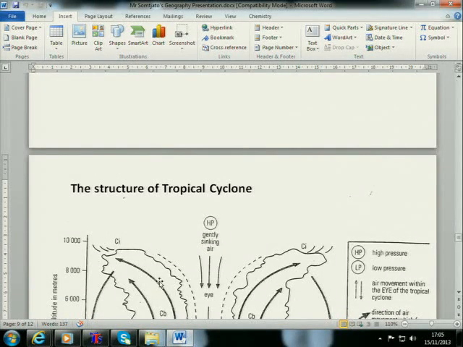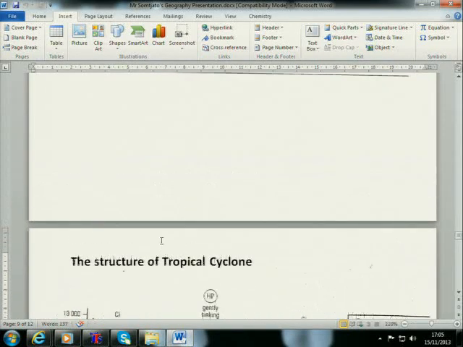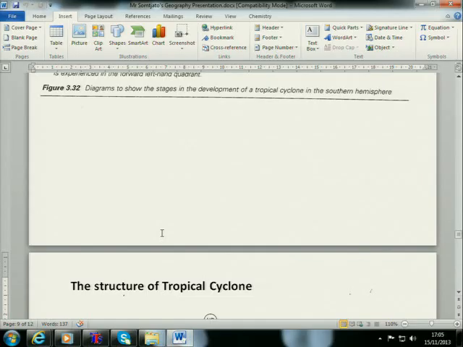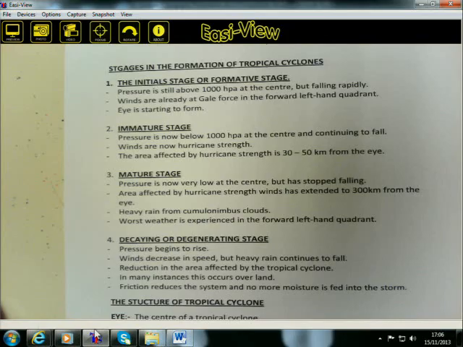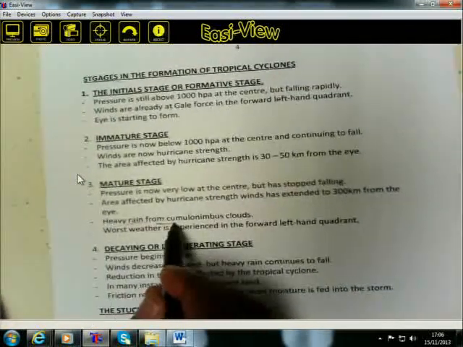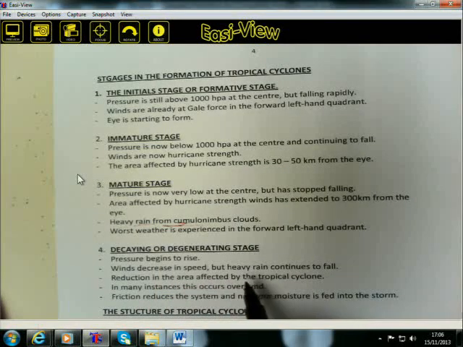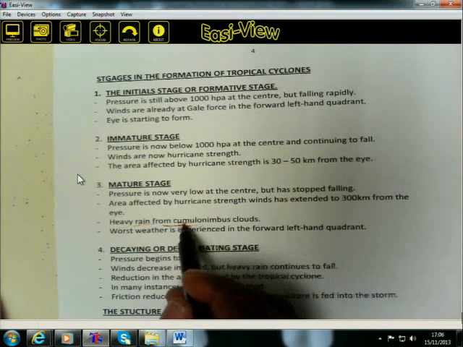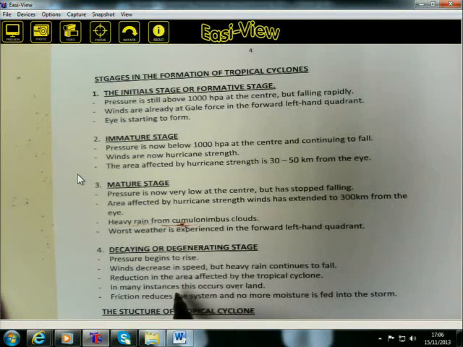Those are the stages. Then from the mature stage, we go to the decaying or the degenerating stage, the dying of the tropical cyclone. Remember, we said in the mature stage, we are experiencing heavy rainfall from the cumulonimbus clouds, meaning we are experiencing thunderstorms.